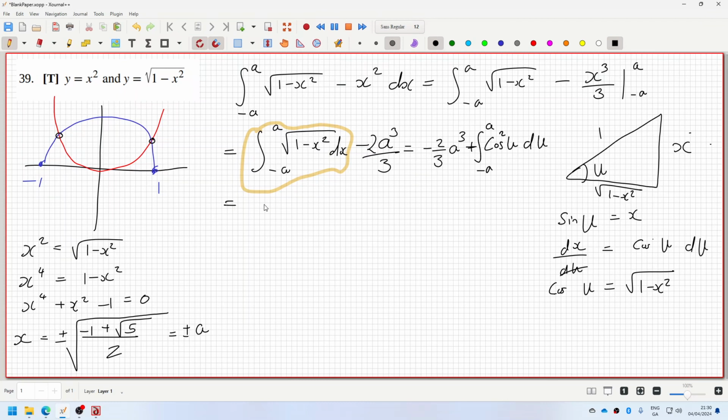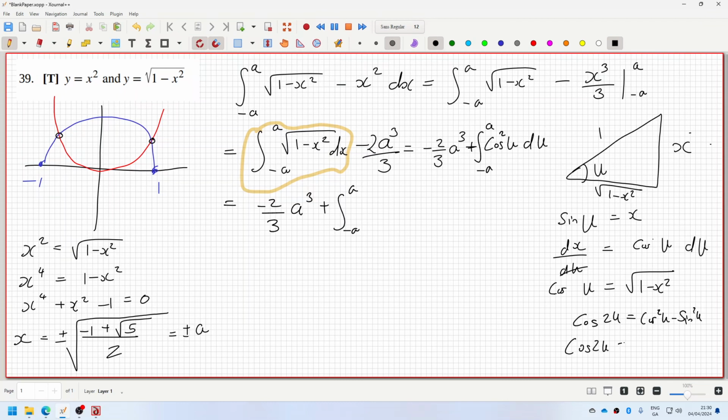Okay, that's a little bit better because cos squared, I have a formula for that in trigonometry. Cos squared u, I'll just write it down here. There's a formula that says cos 2u is cos squared u minus sine squared u.